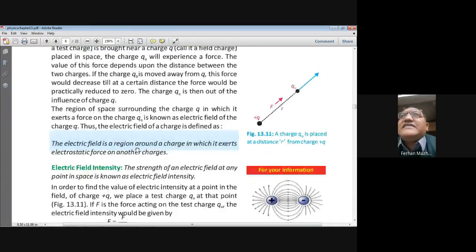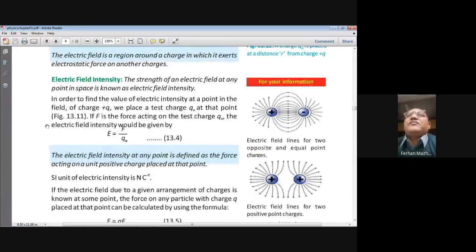The next thing is the electric field intensity. The strength of an electric field at any point is known as electric field intensity. In order to find the value of the electric intensity at a point in the field of the positive charge Q, we place a test charge Q naught at that point.